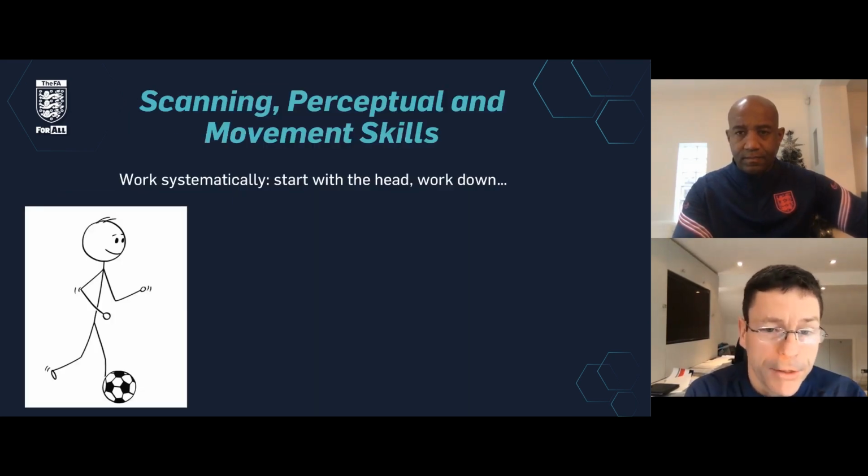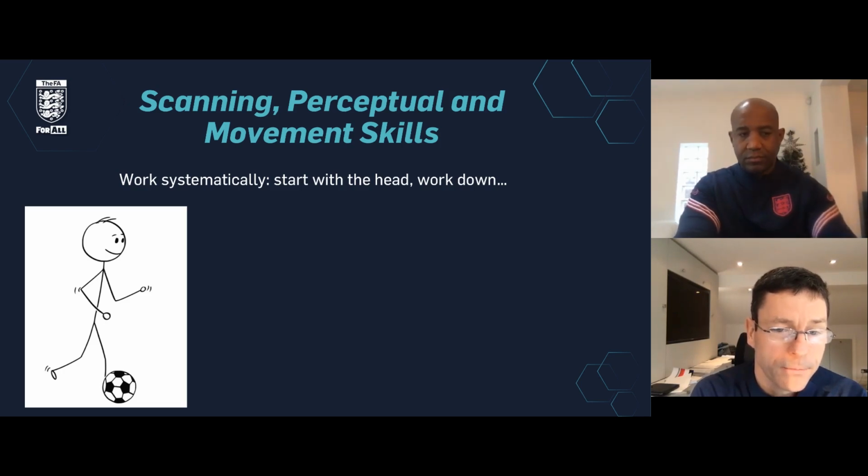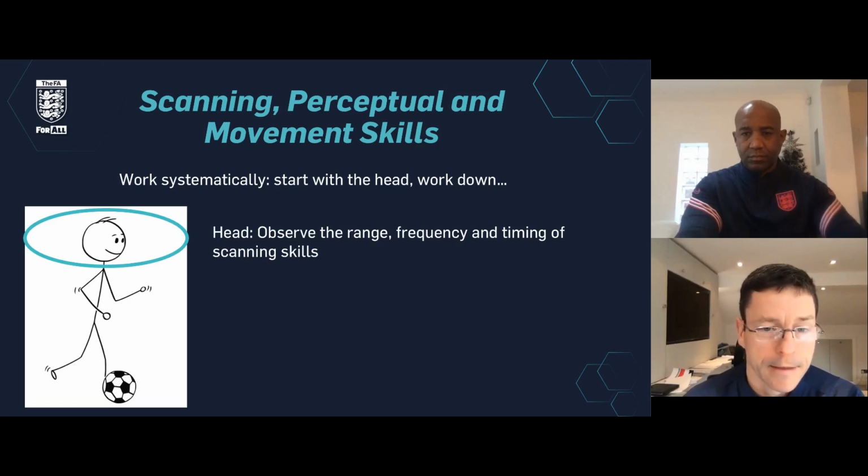As we're doing it, it's a systematic process, looking from the head down. We look from the head down because it's vital: without scanning and getting the information, we're not going to see the next part. So we'd start with that systematically. Observe the range, frequency, and timing of the scanning skills. That's absolutely vital.